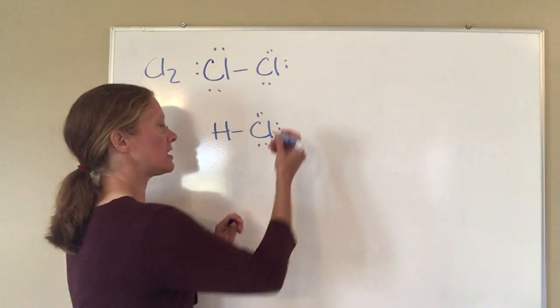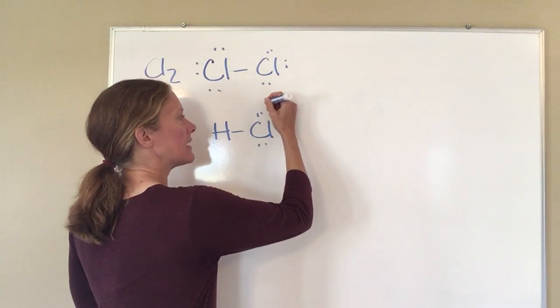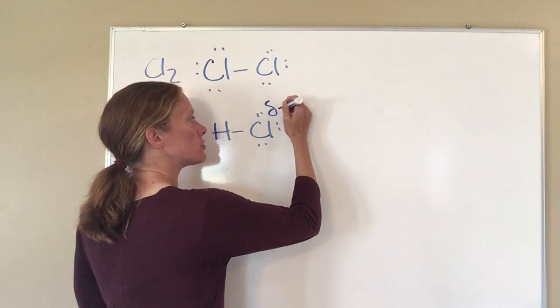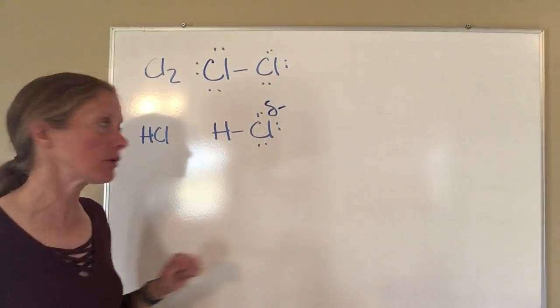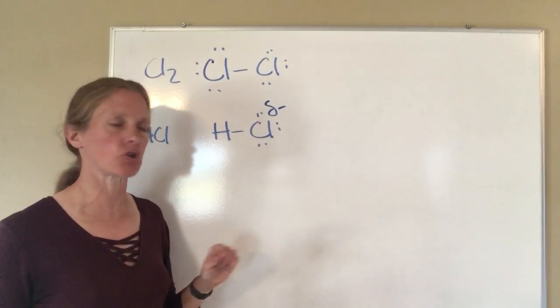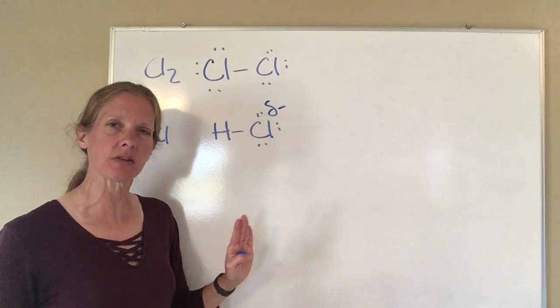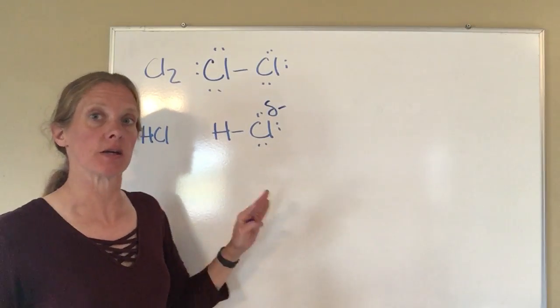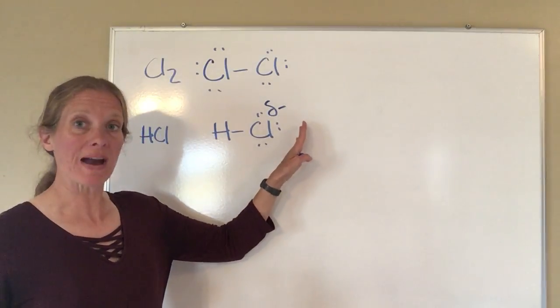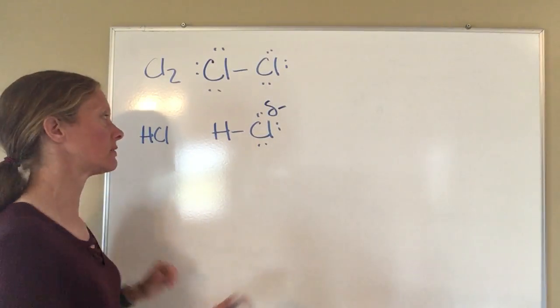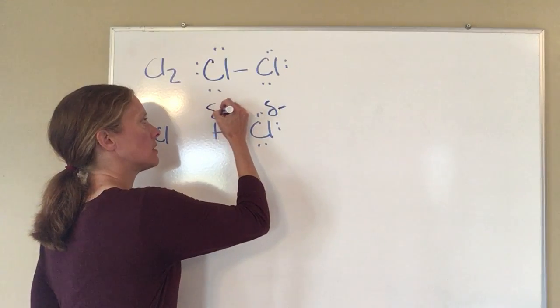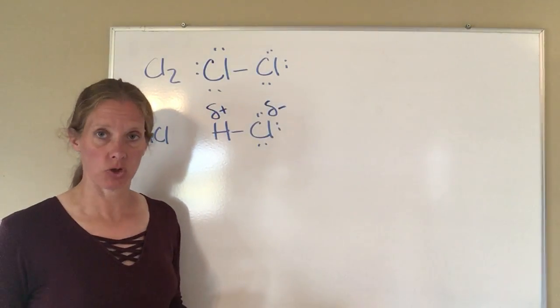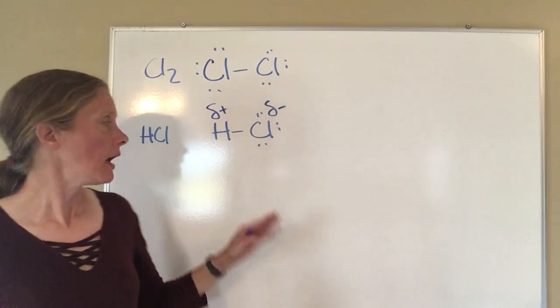So the chlorine gets it more of the time, so I use the Greek letter delta with a negative sign by it to show that this has a partially negative charge. It doesn't have the electron all the time, so it's not a -1, but it is like a fractional negative charge, a partial negative charge, and the hydrogen has a partial positive charge with it, okay?